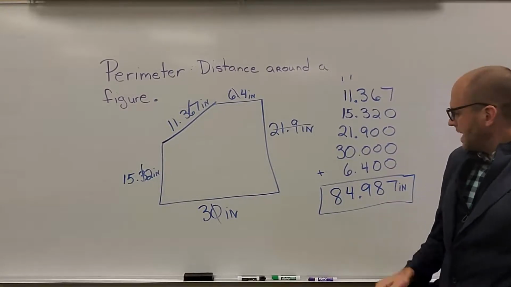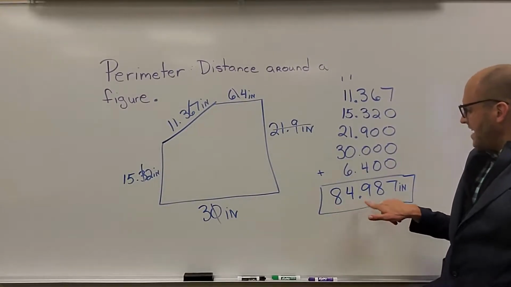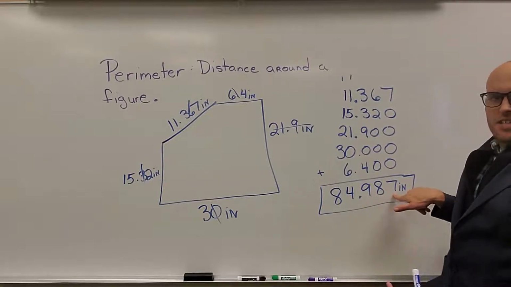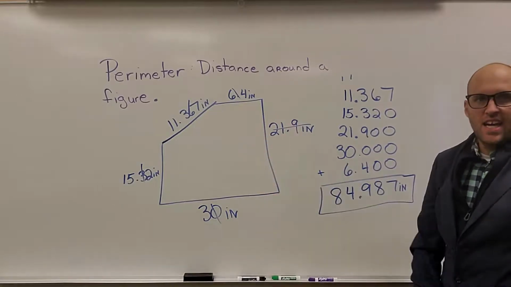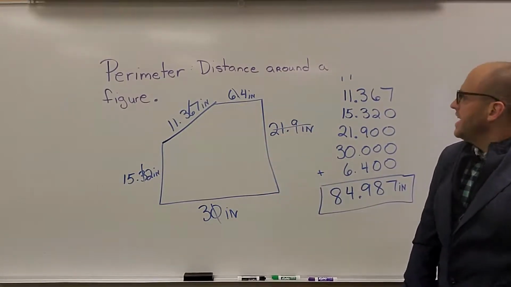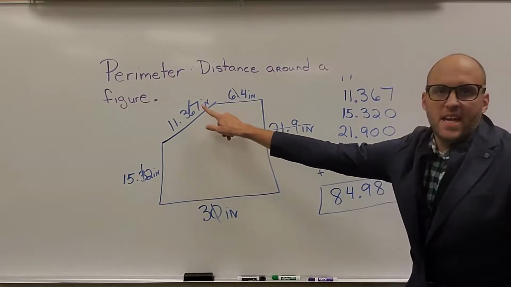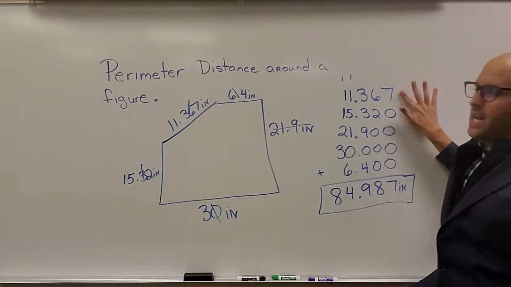Hopefully for your last problem, you ended up with 84 and 987 thousandths of an inch. There are a couple ways you could do this. Obviously, you have all 5 sides. How I choose to do this is I find the decimal with the biggest number of decimal places first and put that at the top.